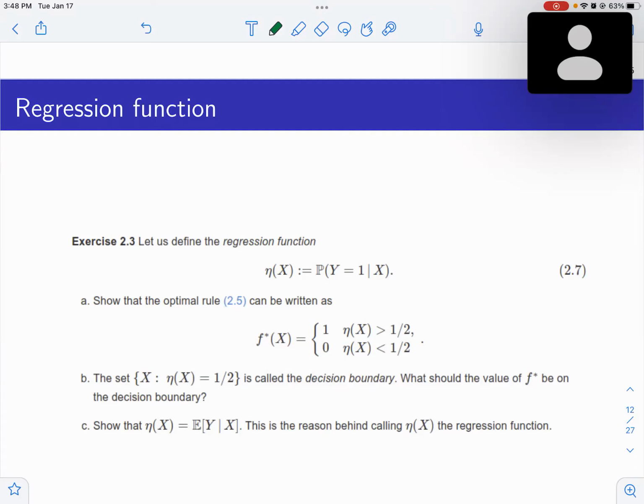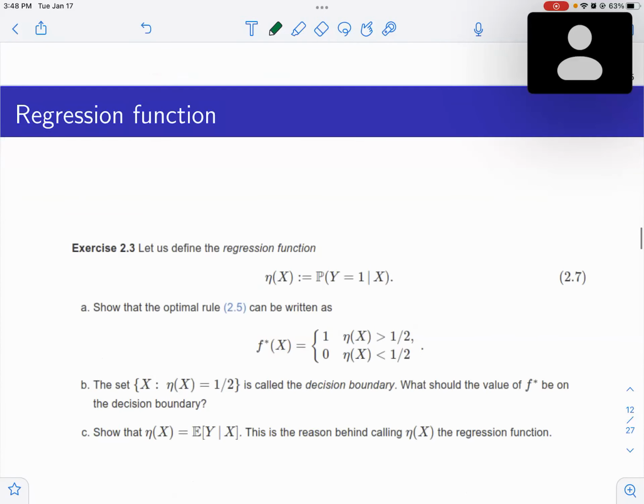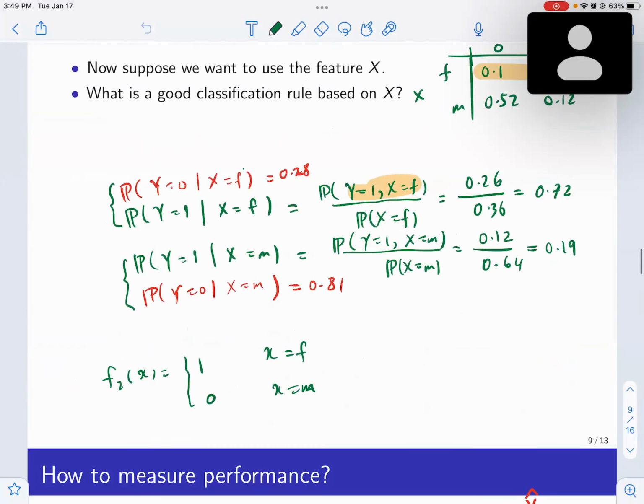So in our case, if you remember, in the example that we did, this is just going to take two values. We did this calculation. Let's go back. Yeah, you can see it here. So this is basically 0.72 and 0.19.